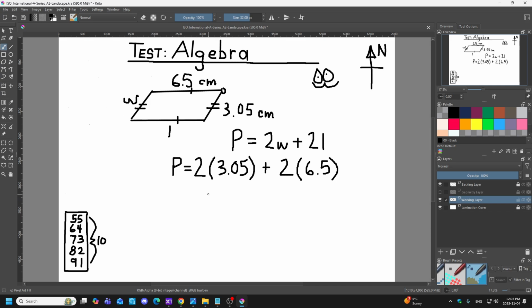Now all we have to do is solve this side and solve this side. 3.05 multiplied by 2.